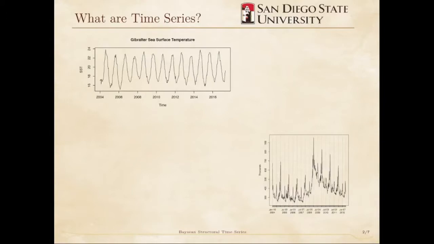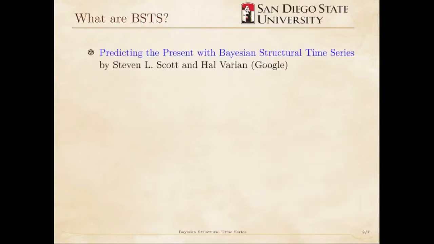Together, we can unravel these secrets as we embark on this quest with a quick introduction to Bayesian Structural Time Series Modeling. In this tutorial, we introduce Bayesian Structural Time Series models based on the paper Predicting the Present by Stephen L. Scott and Hal Varian.